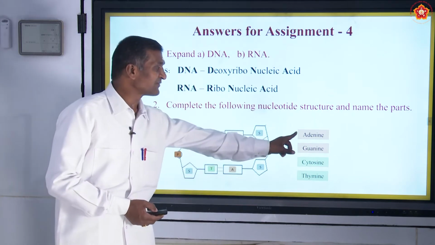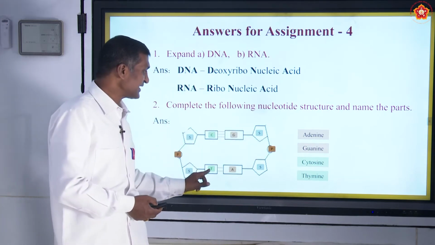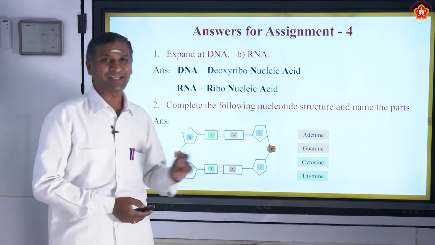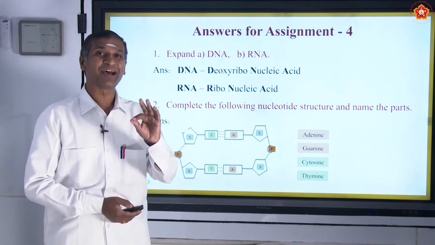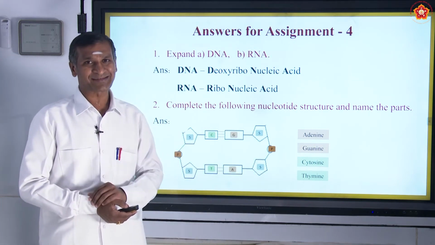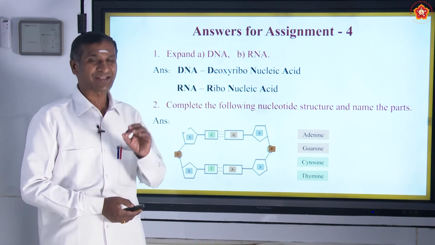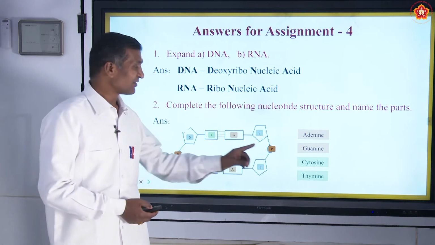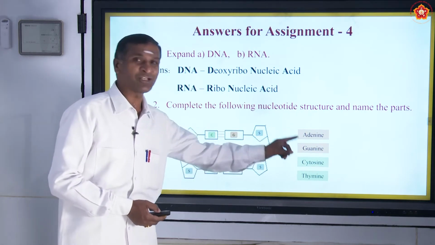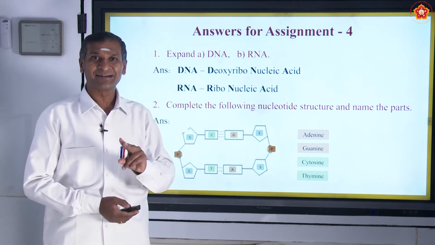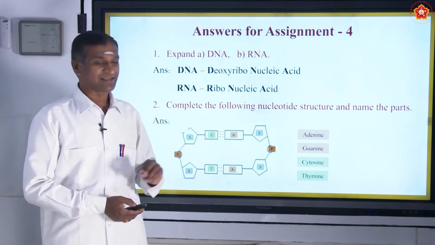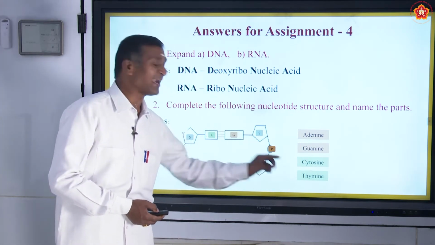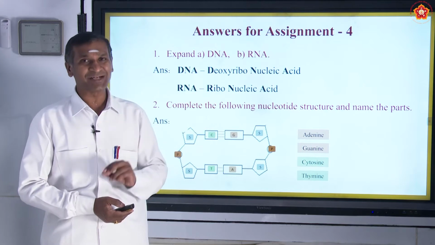A stands for adenine. T stands for thymine. What are they? Nitrogen bases. Perfect, Rahul. They are nitrogen bases. Adenine and guanine are purine bases. Cytosine and thymine are pyrimidine bases.